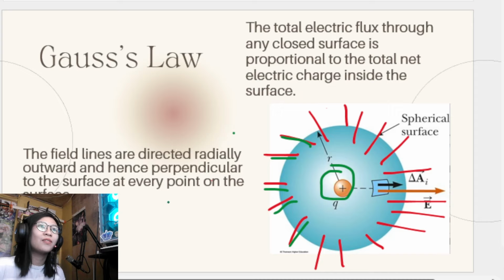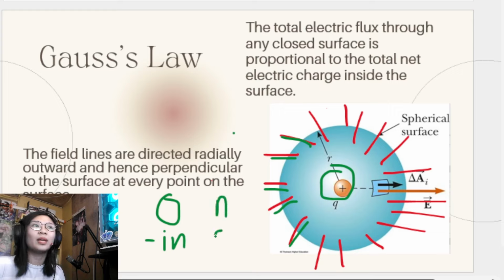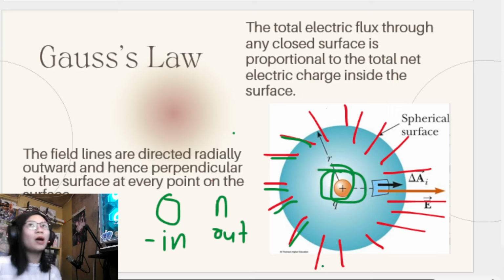So if you have zero lines going in, but you have n lines going out, therefore, your flux is positive. That is because your charge is positive. Now, how about negative?